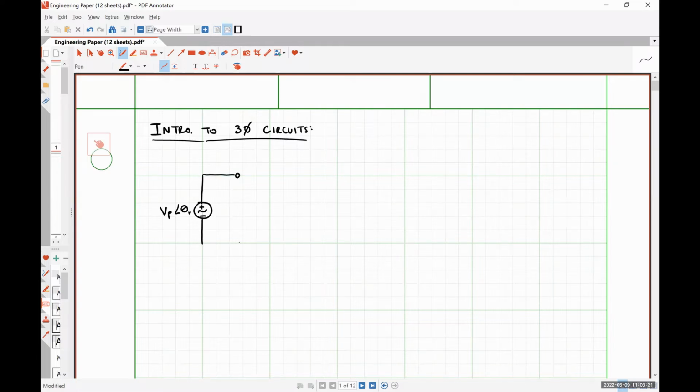Our source is connected to a set of transmission lines. I am representing these transmission lines as simply wires right now, but they may have some associated impedance, which we will deal with a little later.